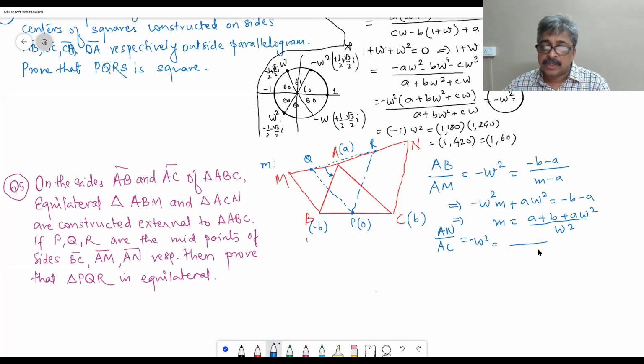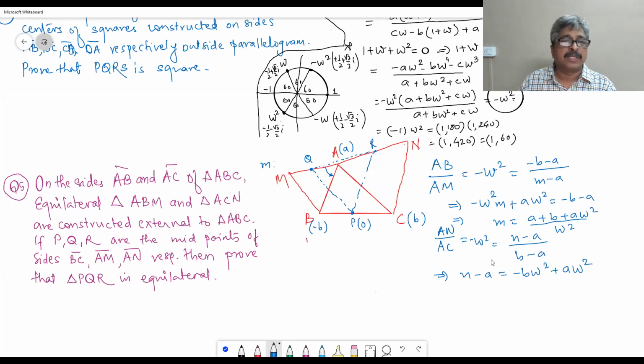So C minus A is B minus A, and in the numerator N minus A. Therefore, you get N minus A is equal to minus B omega square plus A omega square.